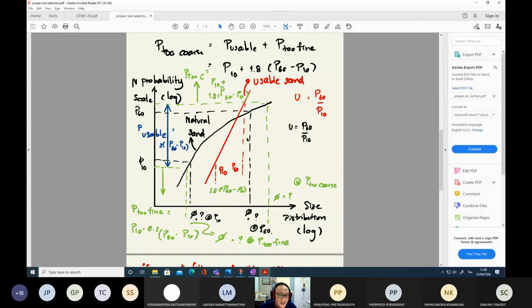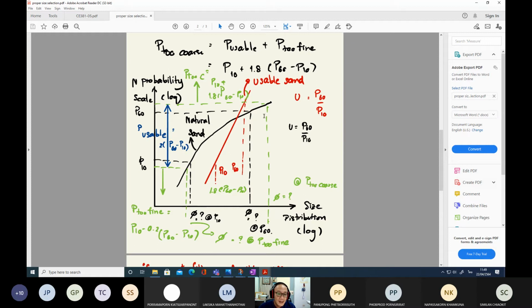Our target is the line, let's say, the red one. This is the sands we will use in the filter. Now the question is, how can we classify the natural sands from the black line to become the red line? The natural sands is something like this, the black line.